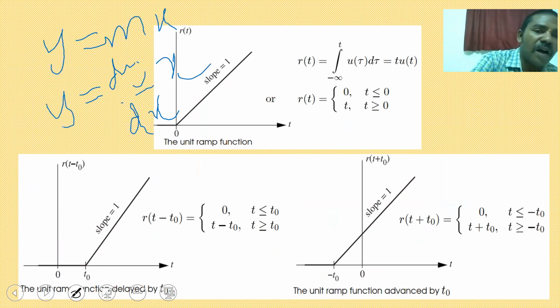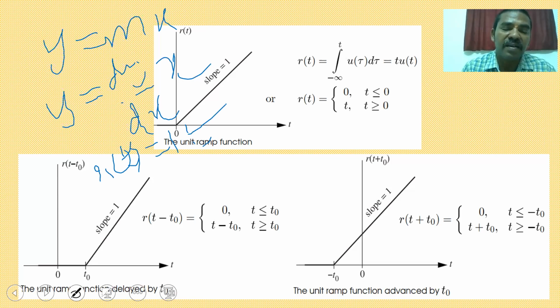Here y is r of t, dy by dx is the unit slope and x is the time axis. So r of t is equal to 1 into t, or r of t is equal to t.